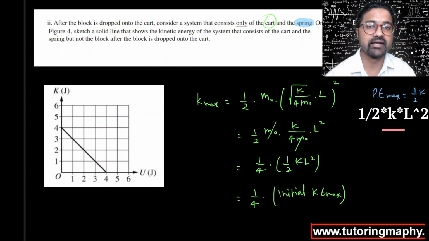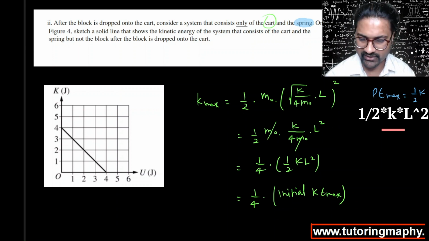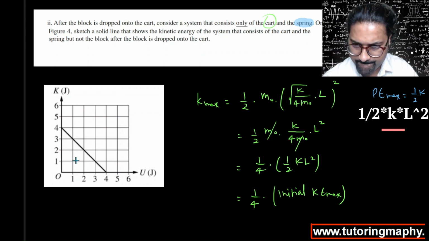However, the maximum kinetic energy will now be only 1/4 of the initial. What was the initial? 4. What is 1/4 of 4? It's 1. So the solid line is going to look like this. It starts from 1 now, and it still goes to 4.